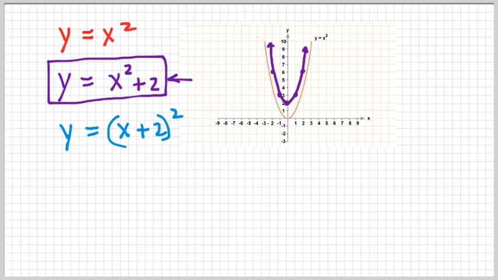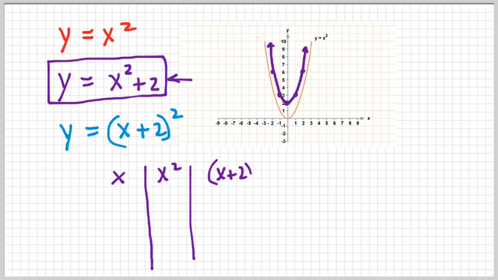Okay. Now, likewise, again, I'm going to make this table here. This time I'll make it so we can see it. This time I'm going to do the parent function, (0, 0), (1, 1), 2 gives me 4.